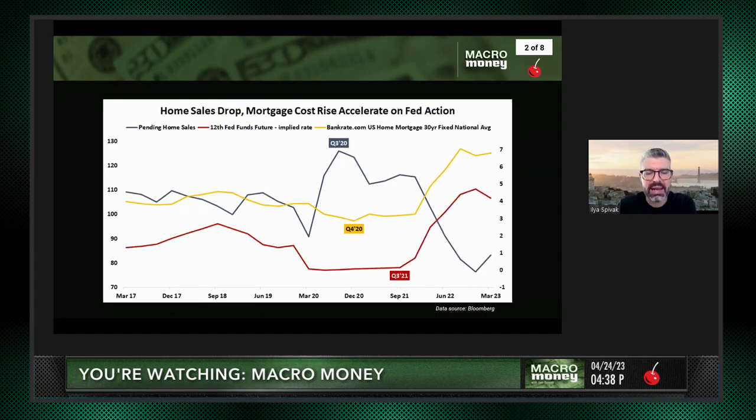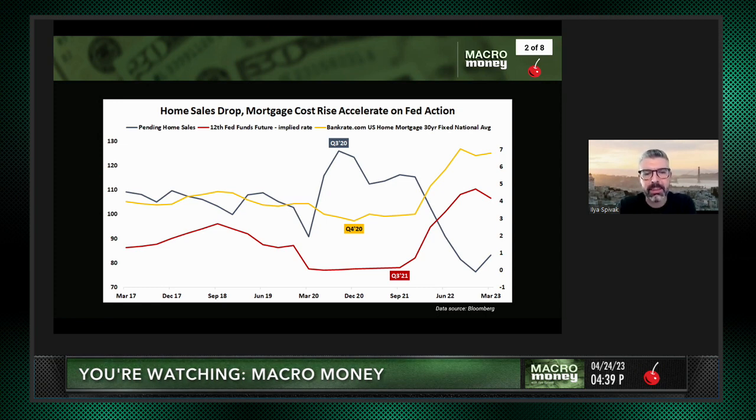Then by the third quarter of the following year, Fed policy expectations start to shift. Now, of course, we know that by the middle of '21, the Fed essentially admitted that inflation didn't look as transitory as they thought initially, and said, okay, we're going to have a tightening cycle here.